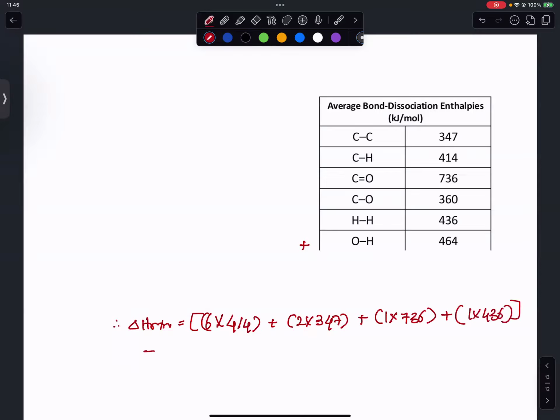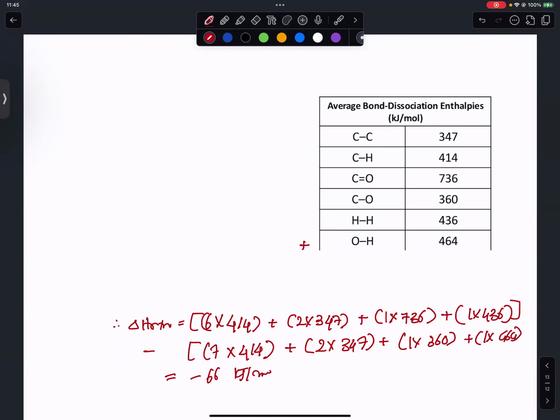And then this is going to be minus 7 times 414 plus 2 times 347 plus 1 times 360 plus 1 times 464. And this should give me negative 66 kilojoules per mole.